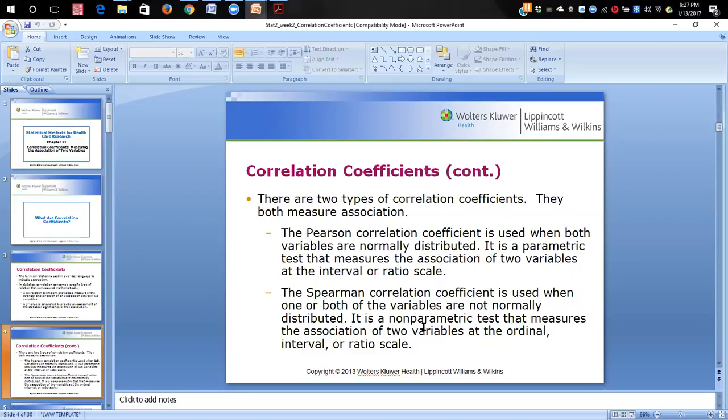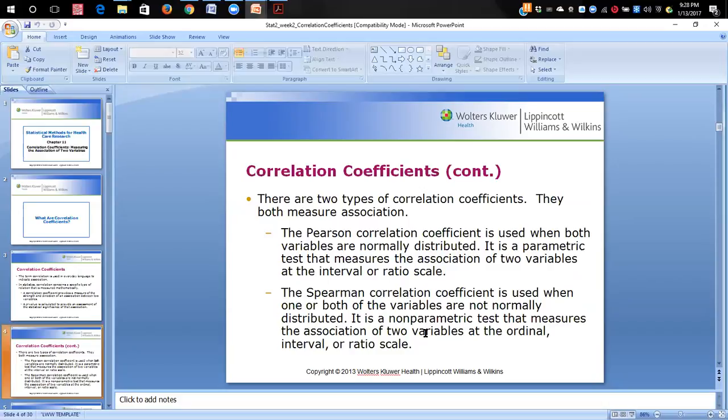Non-parametric, remember, means that it doesn't have the features or characteristics of parameters. And what are the parameters? The means, the medians, and the modes. And so when you have non-parametric assumptions, it's important to use your Spearman correlation.